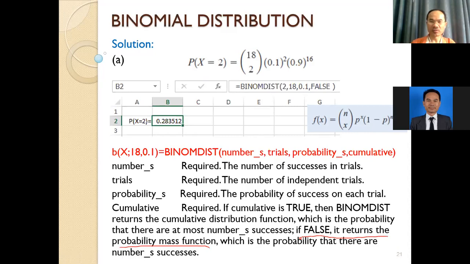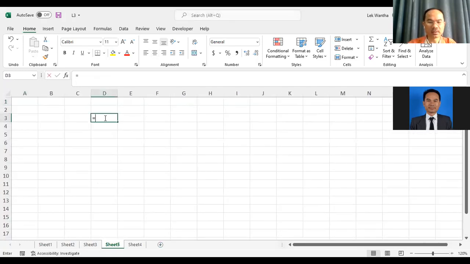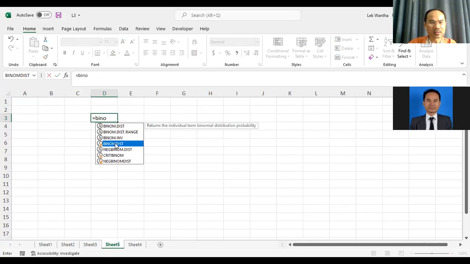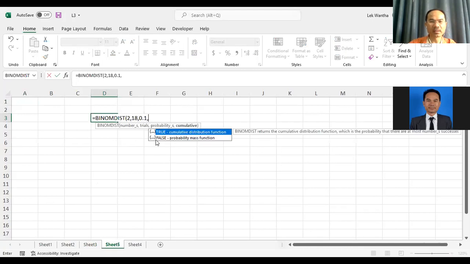Okay, I will show you in Excel. For x equal to 2, the number of trials is 18, the probability is 0.1, and we find the probability mass function.